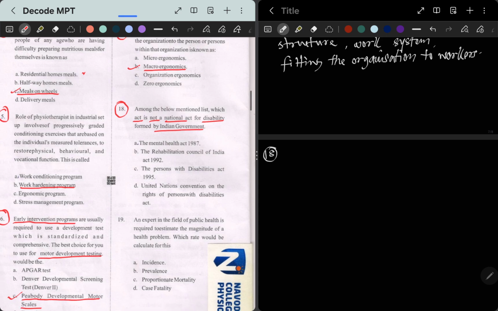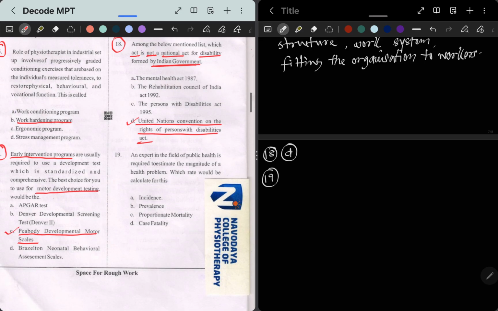First is the Mental Health Act 1987. B, the Rehabilitation Council of India Act 1992. C, the Persons with Disability Act 1995. D is the United Nations Convention on the Rights of Persons with Disabilities. Automatically, the United Nations act will not be an Indian Government act. The easy one. Number D.